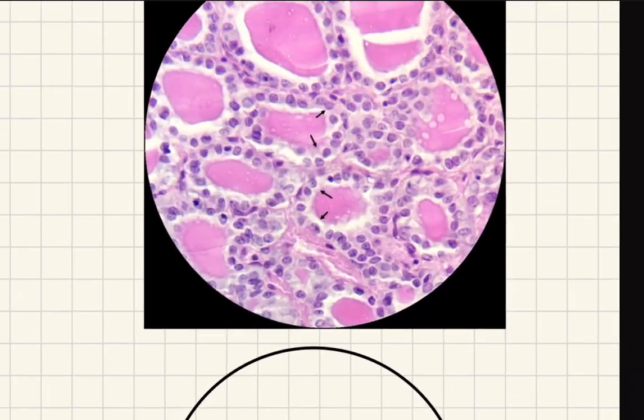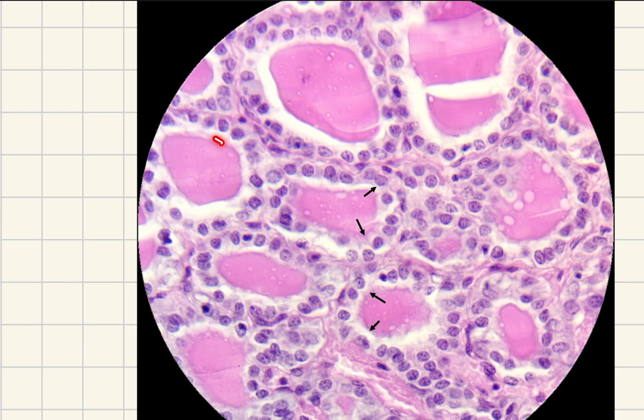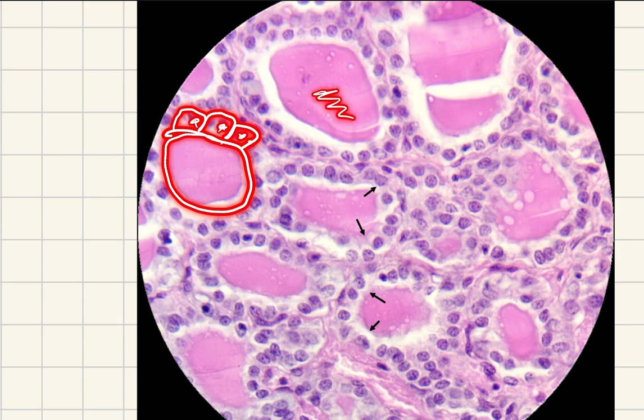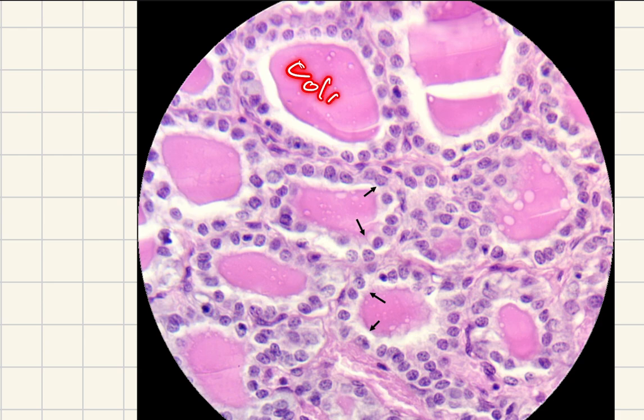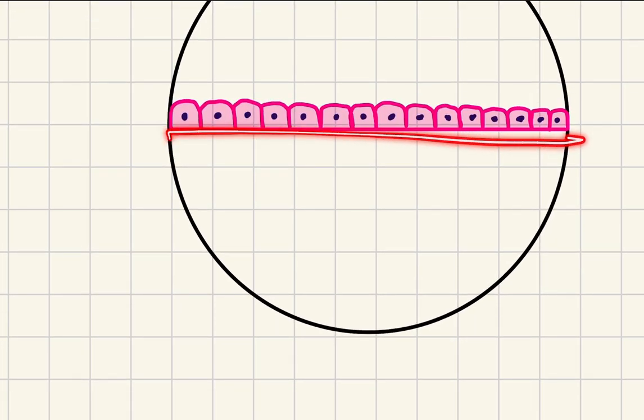So this is a thyroid gland example. You can see the cuboidal cells with huge round nuclei, and the pink part in the center is the colloid. This is how you draw it. Again, draw the basement membrane and draw the cuboidal cells. This is how you do it. And you make a centrally placed nucleus.